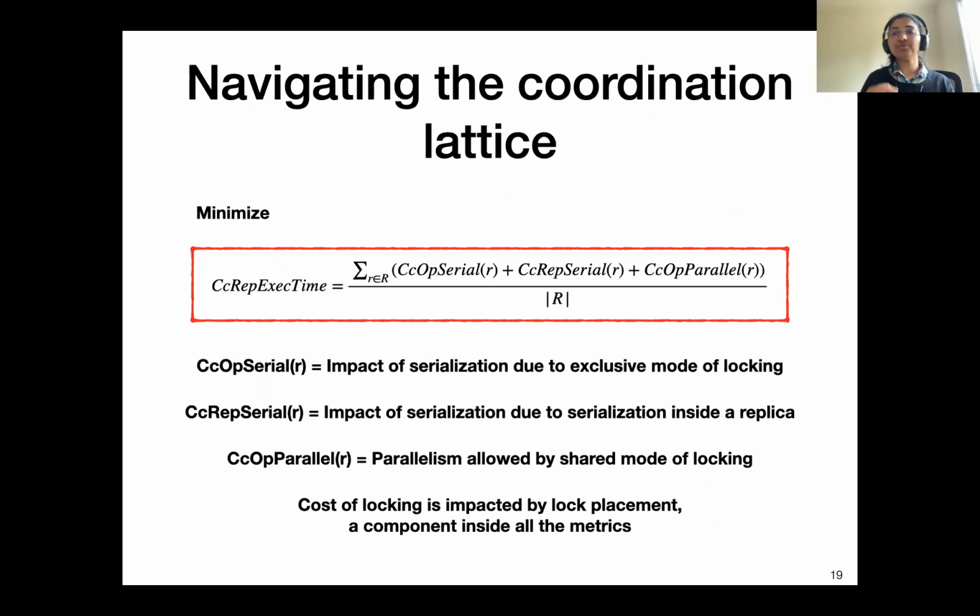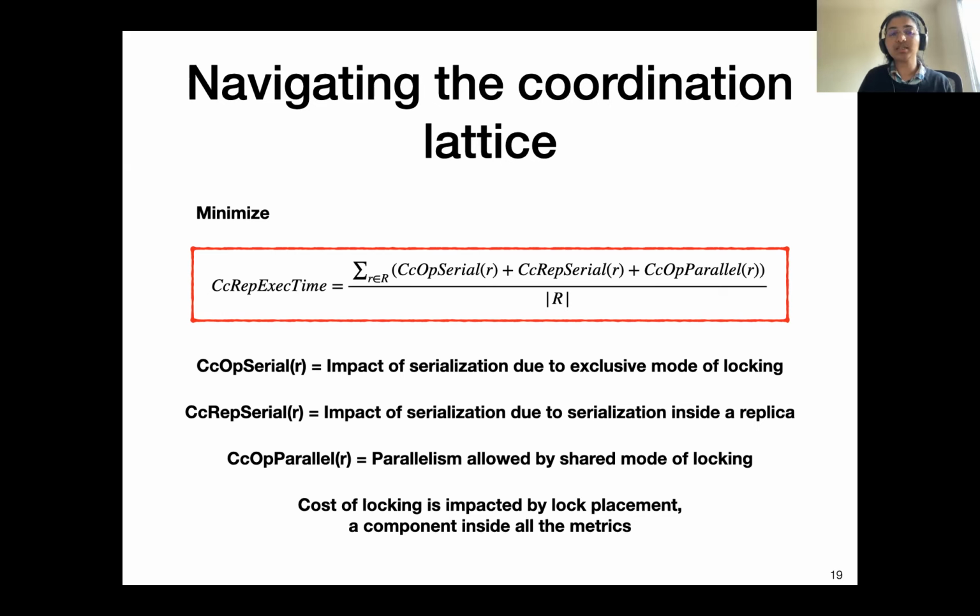We have also developed some metrics to help us navigate this coordination lattice. The idea is to minimize the total replica execution time. This equation shows the average replica execution time. We take the effect of serialization imposed due to the mode of locking, which we represented as CC op serial, that is, the serialization of operations due to the exclusive mode.